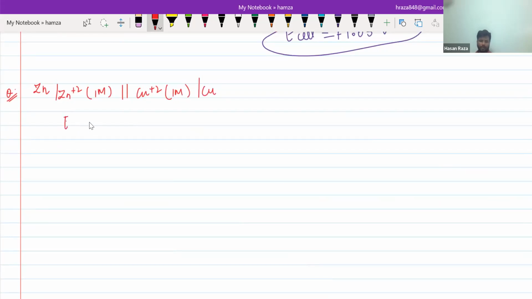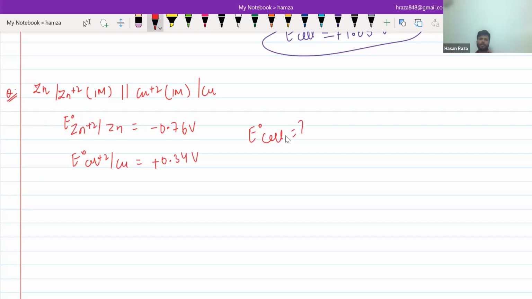Now we have E naught Zn plus 2 slash Zn as minus 0.76 volt, and E naught Cu plus 2 slash Cu is given as plus 0.34 volt. Calculate E naught cell. This is the question. Please calculate it.